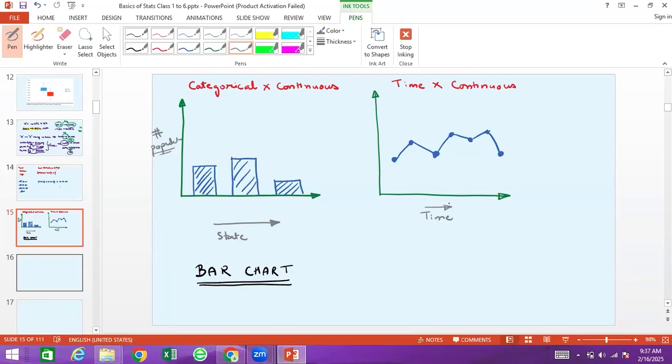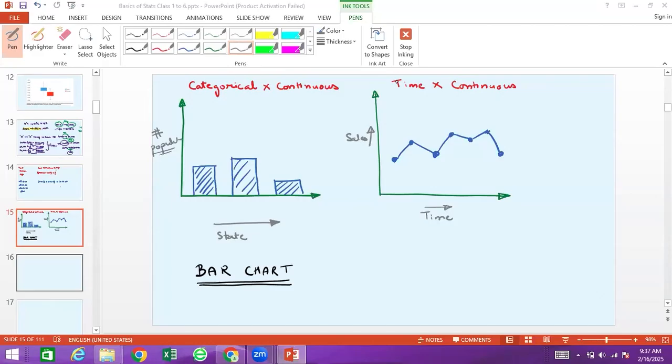I'm assuming by progression you mean revenue or sales. Yes, then we can put sales here, because sales is a continuous variable, or number of orders, or revenue, or expenditure, or the stock price, anything which is continuous.